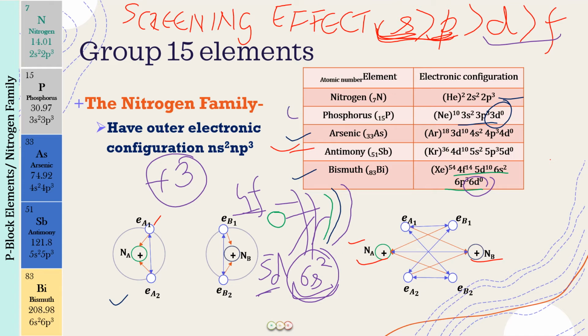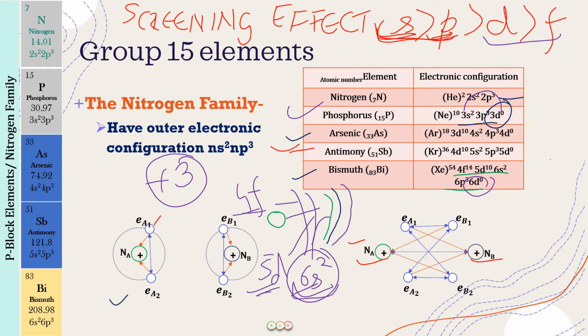In the case of phosphorus, what you saw was that the repulsion from the inner orbital electrons was more. That is why the 3s2 electron moved from its place to the 3d orbital. But in the case of bismuth, even in the case of antimony, you can now understand that the orbital electrons which are repelling are the d and the f orbital electrons, which are not very good at repelling.